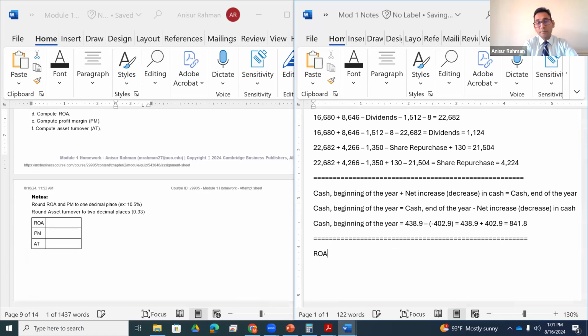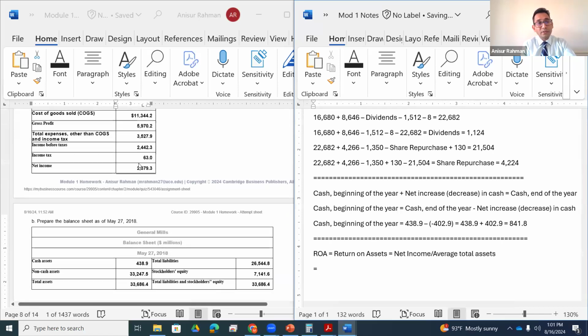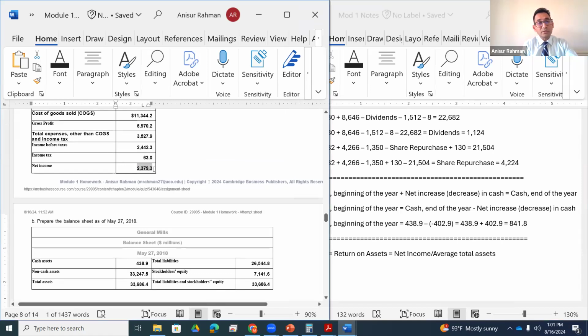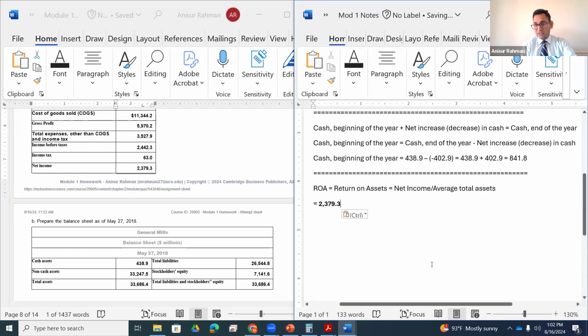So ROA means return on assets, which is your net income divided by average total assets. So your net income is, you already found out at the income statement, 2,379. Now, your average total assets.